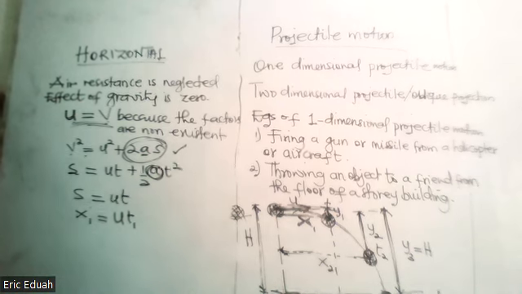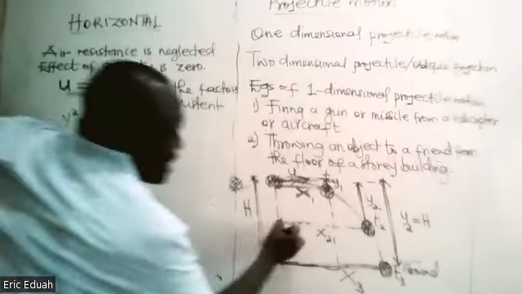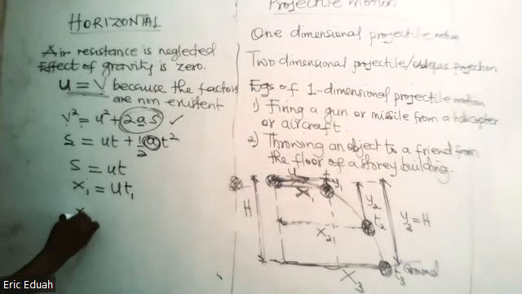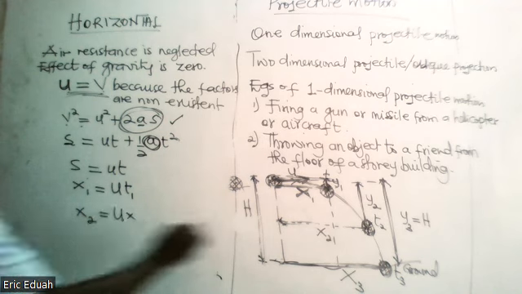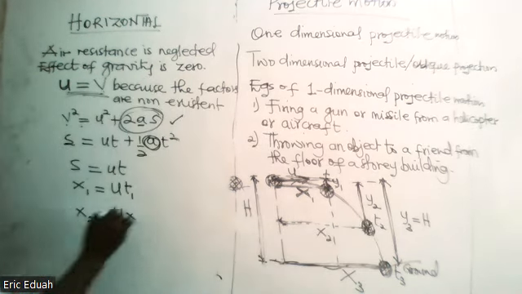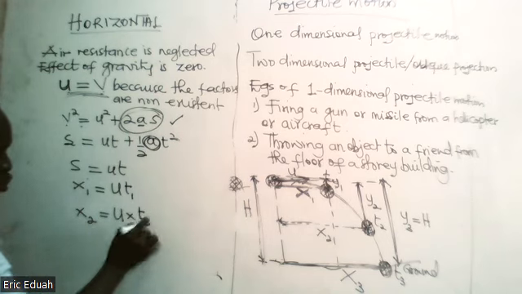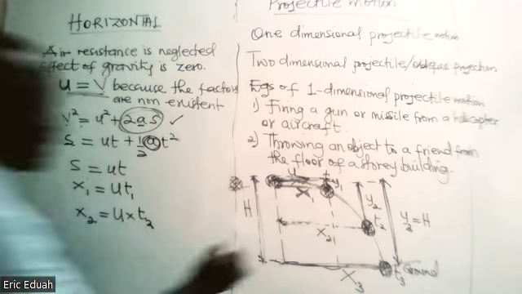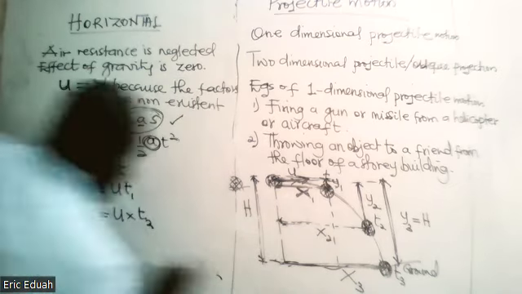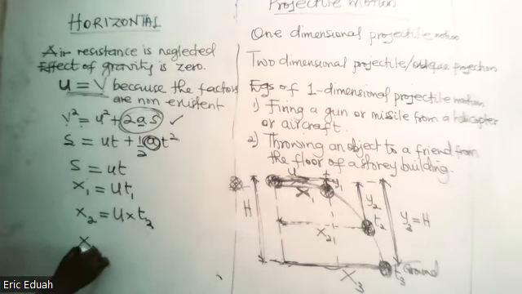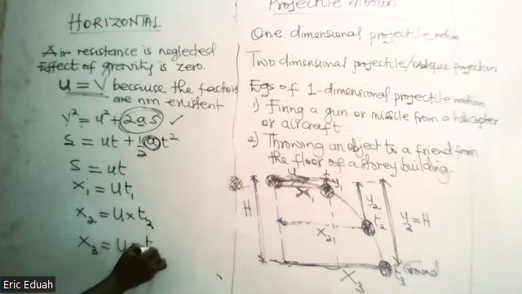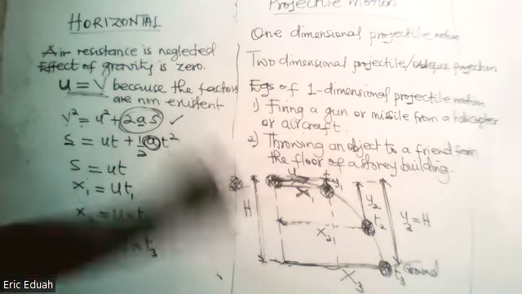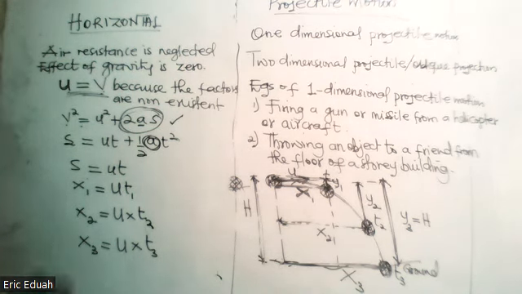If I want x2, the horizontal displacement of the body x2 would have to be equal to u times the time taken for the body to come here, t2. If I want x3, it must be equal to u times t3. If there is x4, s4 will be equal to u times t4, on and on.